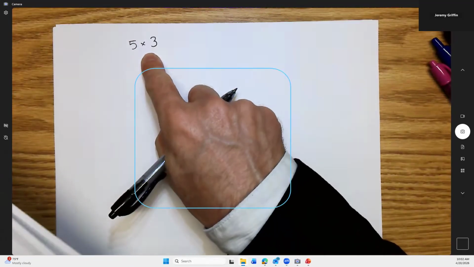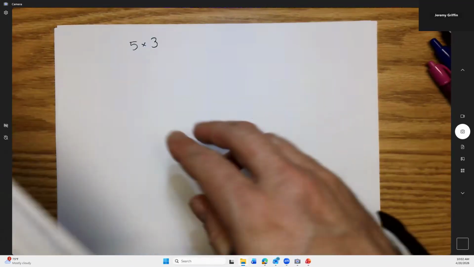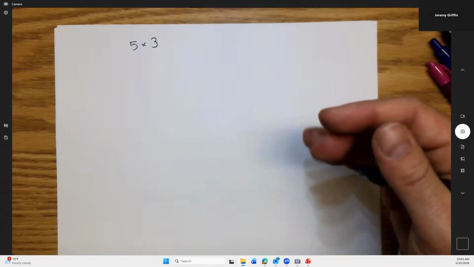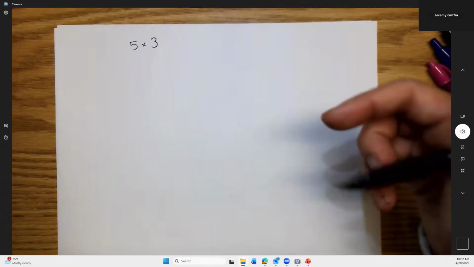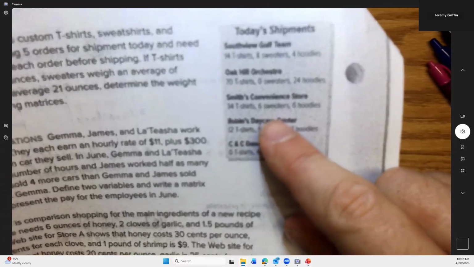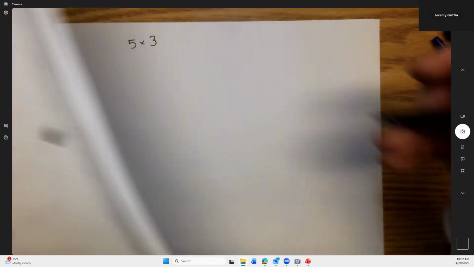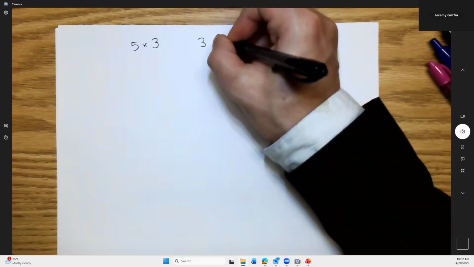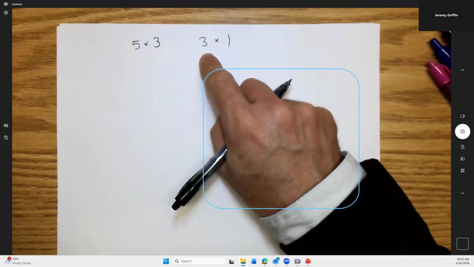Now, I'm thinking ahead a little bit because I could create a 5 by 3 or a 3 by 5, but I want to be careful because I know there's only certain ways to multiply these. And if you have 3 individual items you're selling, shirts, sweaters, and hoodies, and each of them is associated with a certain weight, could that be like a 3 by 1 matrix? Is that okay?